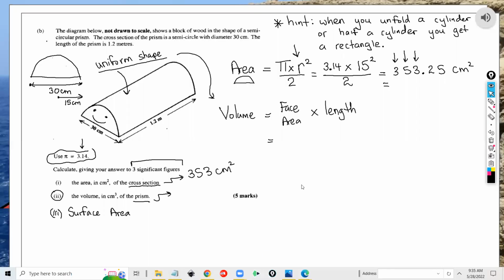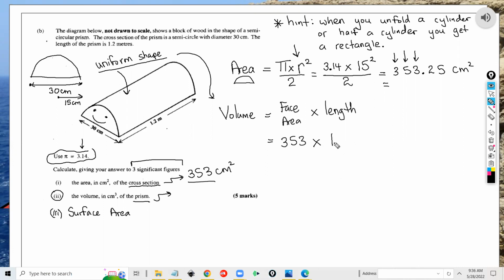I'm trying to figure out what's causing the error in the questions. Remember, to find the volume, we just have to take the face area, which we just did. The area of the face was 353. So we put 353, and we just have to multiply by the length of the object.